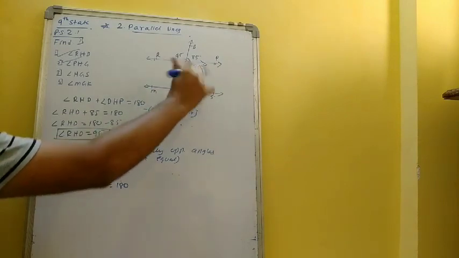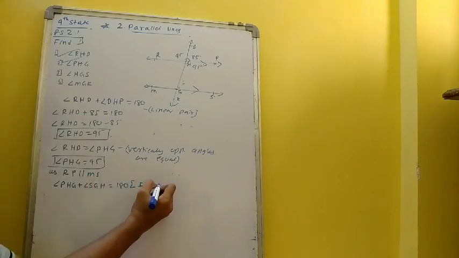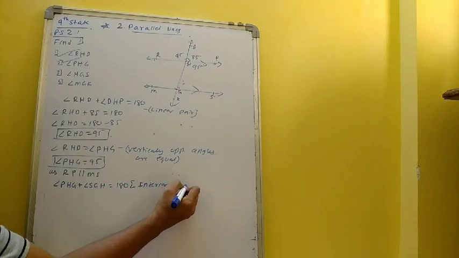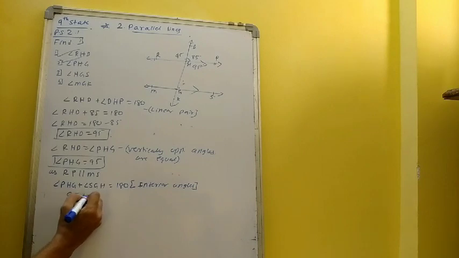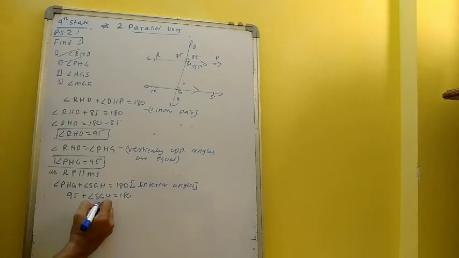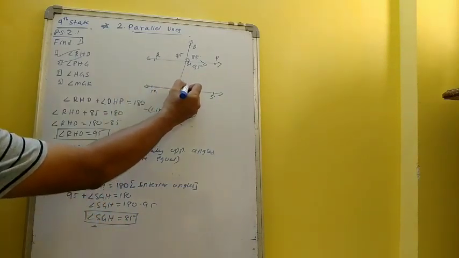PHG and HGS are the angles in the interior of the parallel lines, so interior angles. PHG is 95, SGH we don't know, so SGH is equal to 180 minus 95. SGH is equal to 85. Okay, SGH it is 85.